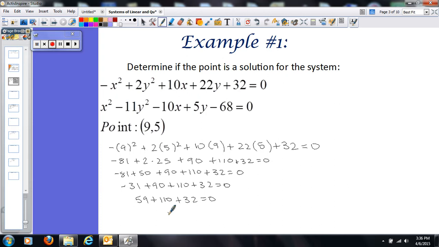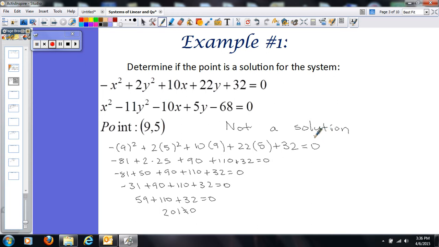Let me double check my math here. 142 and 59 would be 201, equals 0. And this is not correct. So as soon as one of them is not correct, then that means this is not a solution.